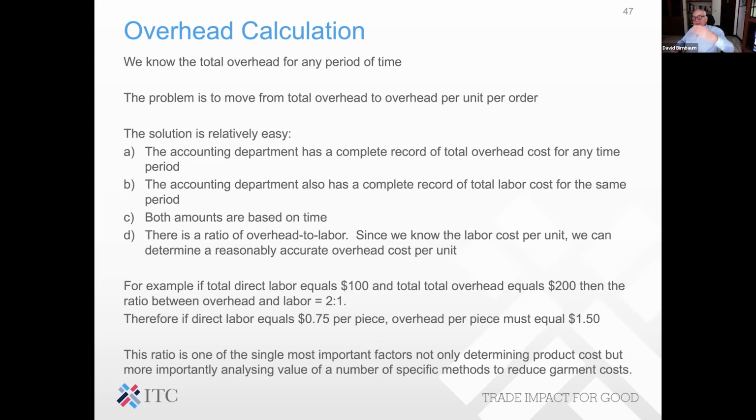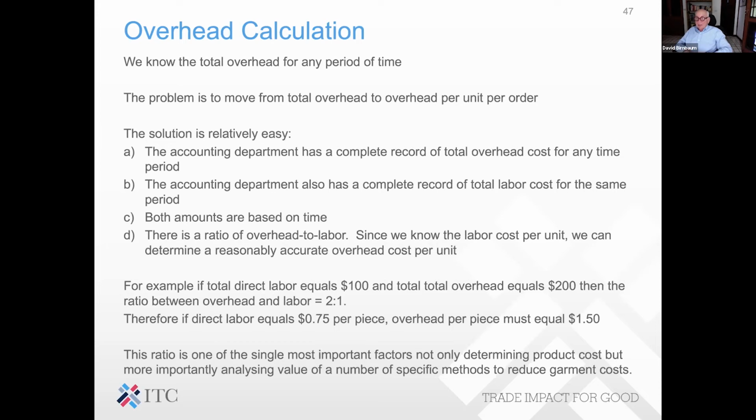The factory that produces 100 garments in a month has twice the productivity as a factory producing 50 garments a month. At the same time, the factory producing 100 garments a month is paying more to the workers than the one producing 50 garments a month. There is a relationship between overhead and labor, and we can use it as a rule of thumb.